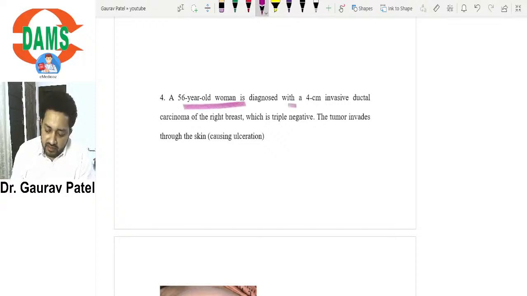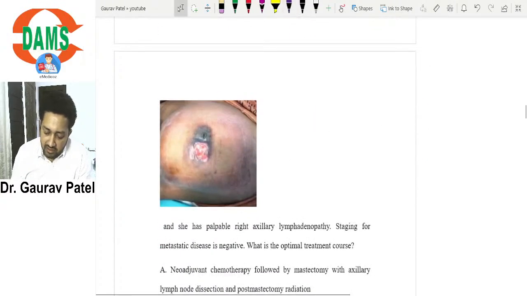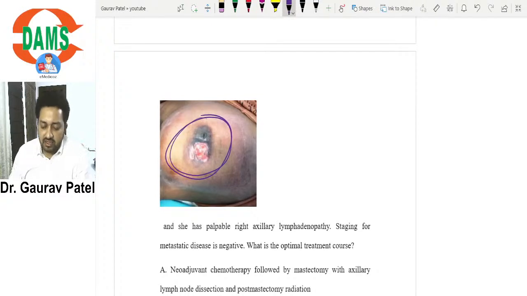56-year-old female diagnosed with a 4 cm invasive carcinoma of the breast, which is triple negative. Triple negative means ER, PR, HER2 neu negative. That is not a good type of cancer. Tumor invades through the skin, causing ulceration, which is shown in the image. Can you see there is this ulceration?